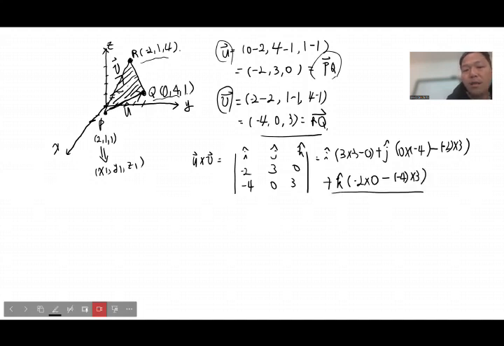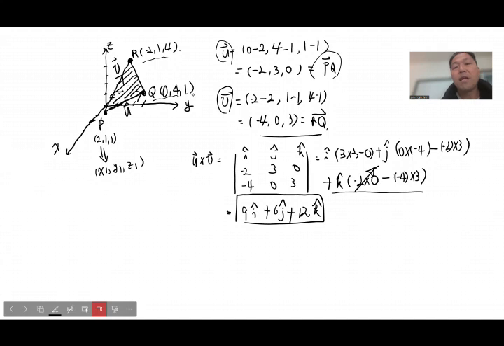So if you do that, the vector out of the cross product is 9i, and as you can see, that is 6j, and then that is 12k. So that is the vector out of the cross product of U and V.